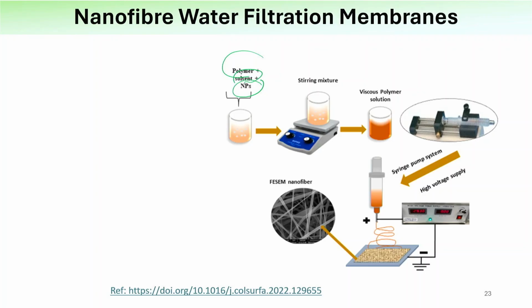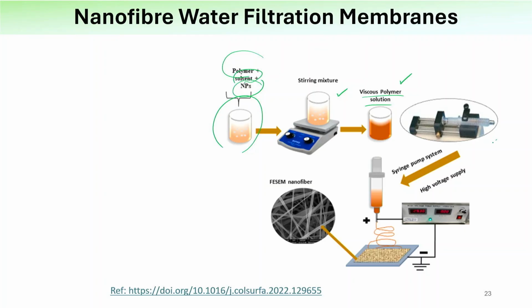So, for this solution we use stirring to have a proper solution of nanoparticles, so that coagulation does not take place, it is a uniform solution. So, finally, we get a viscous polymer solution along with the nanoparticles, okay.